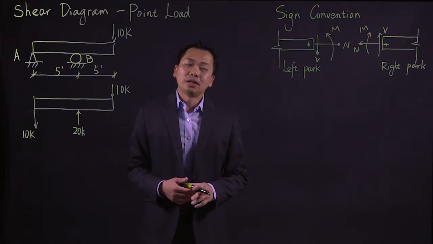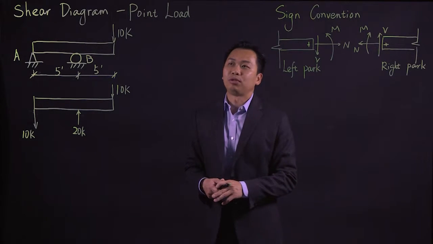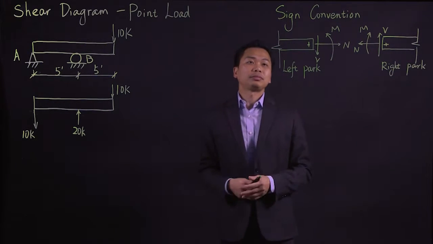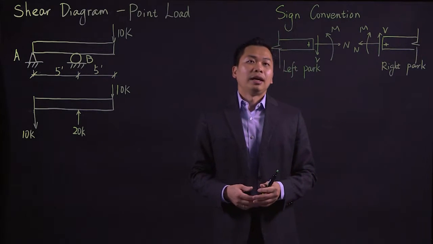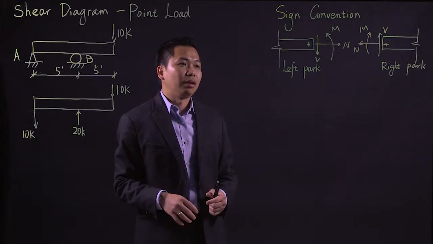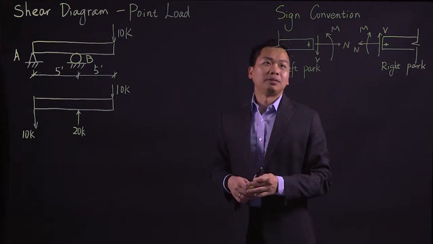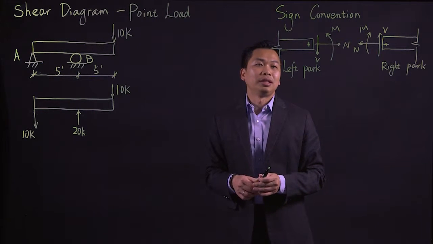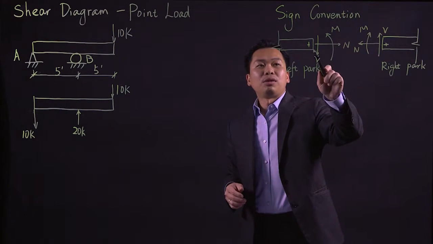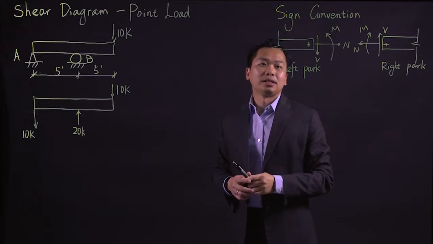Before we go forward, one thing to review is the sign conventions when we draw the shear diagram, moment diagram, and axial diagrams. If you cut the beam, take it out, and look at the left-hand side, here is the positive direction: the shear is going downward, the axial force pointing outward, and the moment is counterclockwise.